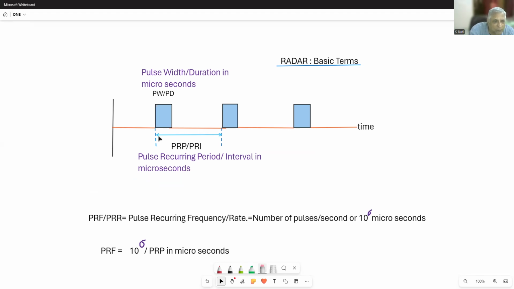Now, to receive it back after transmitting one pulse, you have to wait till the signal has traveled the maximum distance out and come back, and then transmit the next pulse, called the subsequent pulse. This is a silent period after your transmission is over till the time the next transmission goes, and it is called pulse recurrence period or pulse recurrence interval, measured in microseconds.